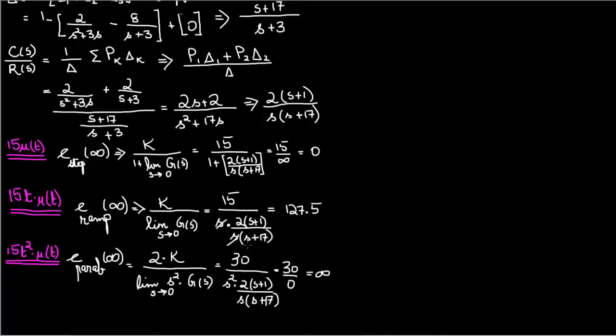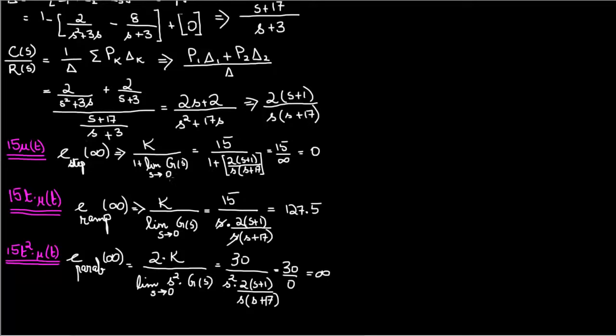And if you look in your book, or if you have a table for these values, for the step it's k divided by 1 plus the limit as s approaches 0 of the transfer function. For k, you're going to plug in your 15, and it's going to be 1 plus the equation that we just found.